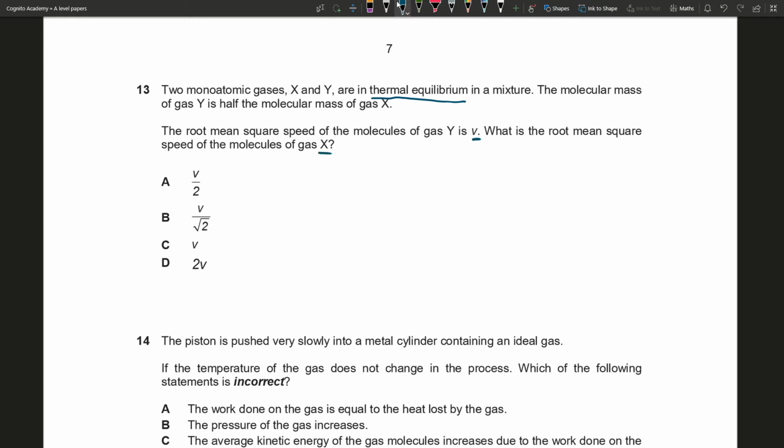So first, let's use the thermal equilibrium. Because they are in thermal equilibrium, they have the same temperature.